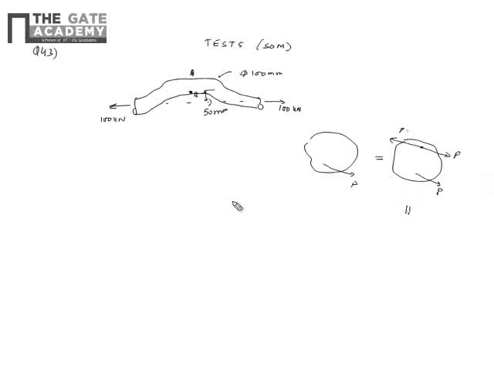Now I can consider this and this to be parallel forces equal in magnitude but opposite in direction. So these two form a couple, and that couple is P into the distance.